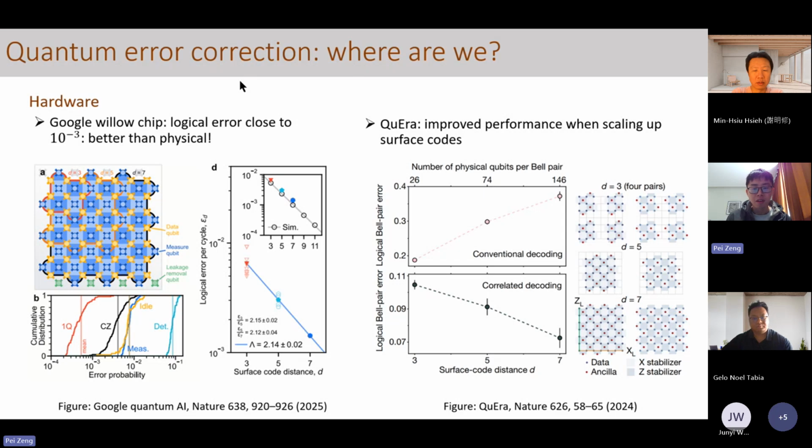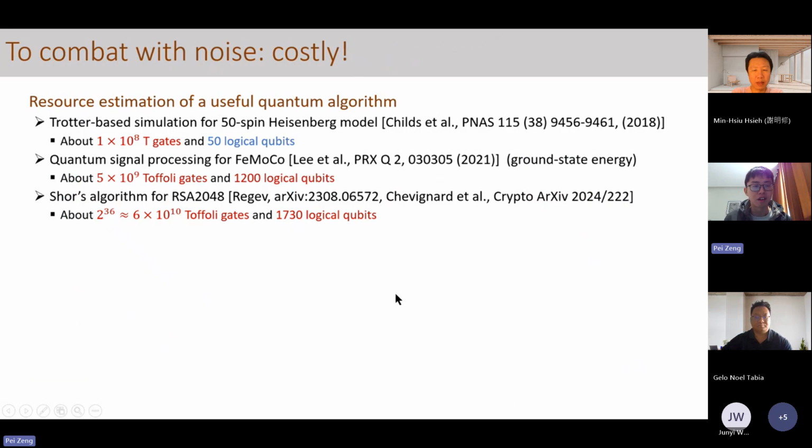But the thing is, I also work on quantum algorithms. So I formally checked some resource estimation of useful quantum algorithms. I checked 3 very typical quantum algorithms. The first one is the Trotter-based quantum simulation of the Heisenberg Hamiltonian. The second one is the quantum signal processing for Fermi ground state energy estimation.